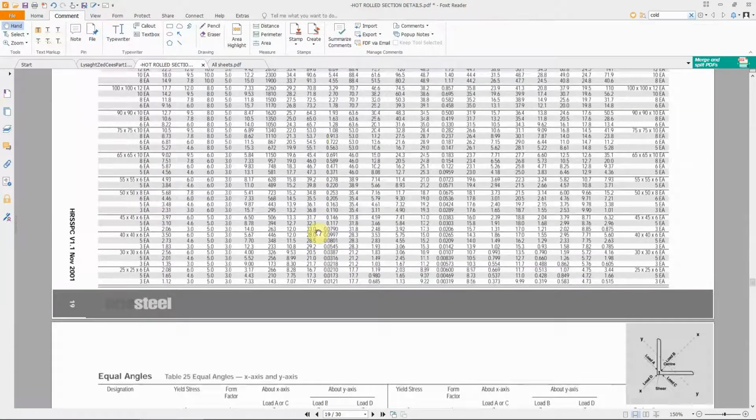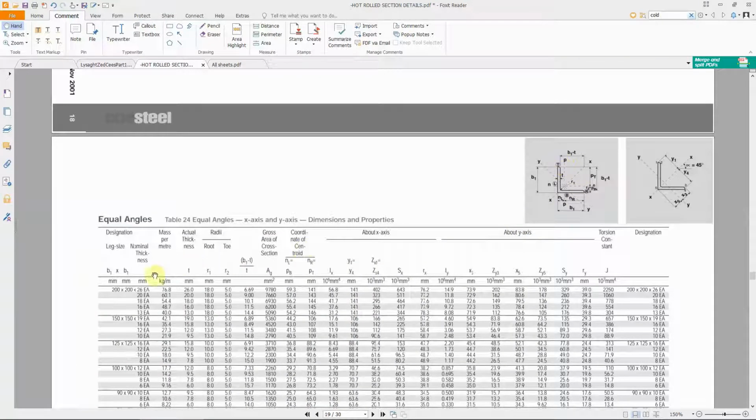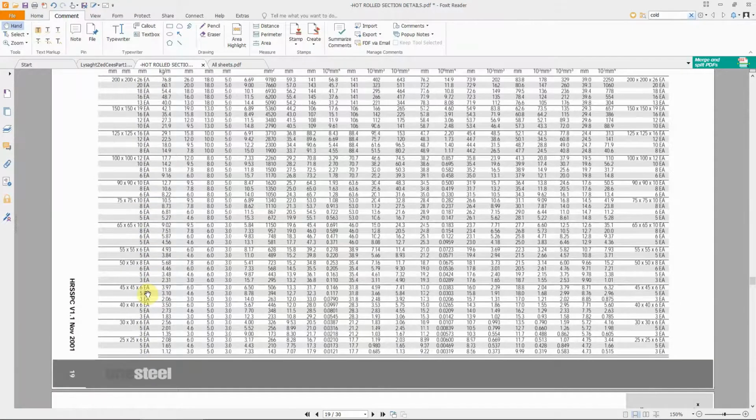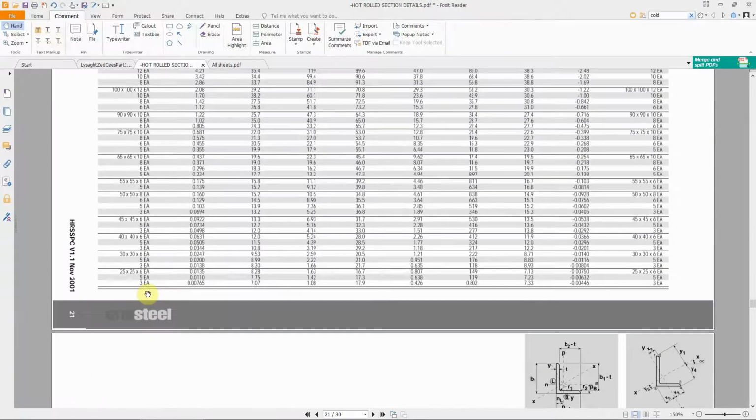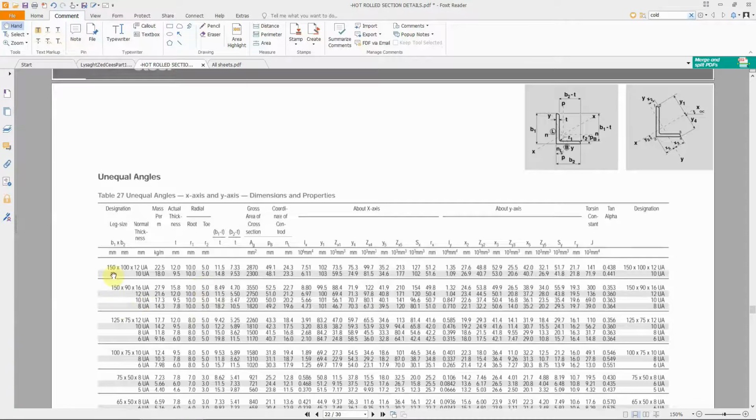We can say the longer name, or we can say 200 by 26 equal angle, EA. But for the unequal angle, it's important to specify the two sides, 150 by 100 by 12, UA, or UEA. The same, it's unequal angle. I'm not going to spend too much time with it, guys.